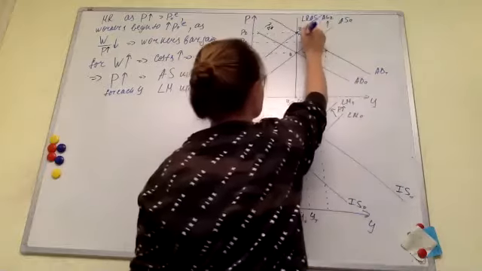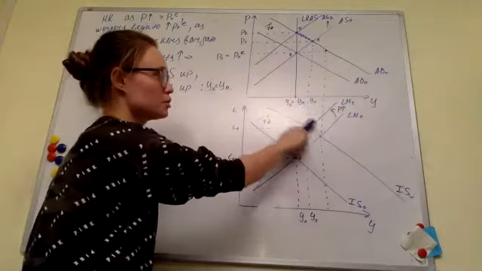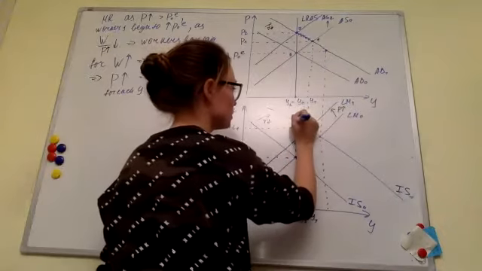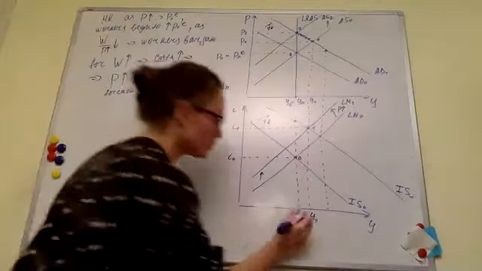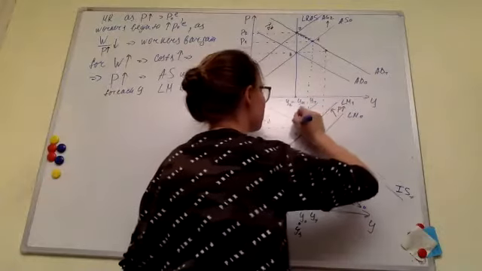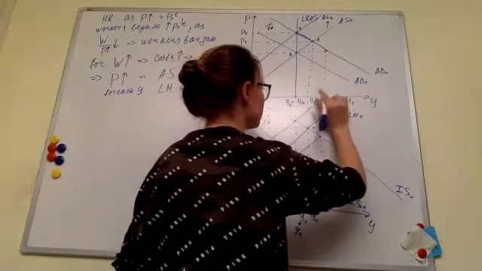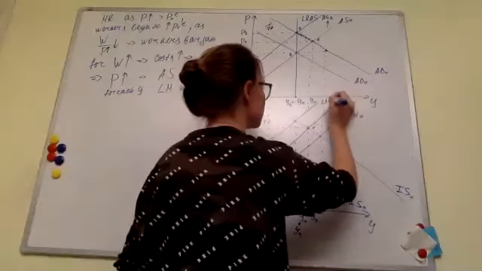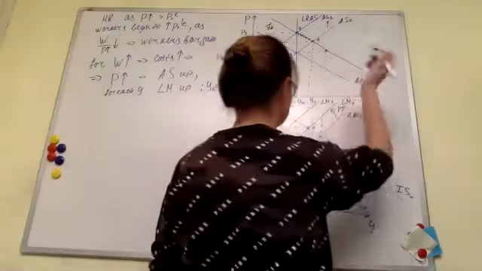Why do we move along aggregate demand? Because we have a shift of LM because of the change in prices. We should move LM to the previous level of output. LM2: one more shift because of the change in prices.